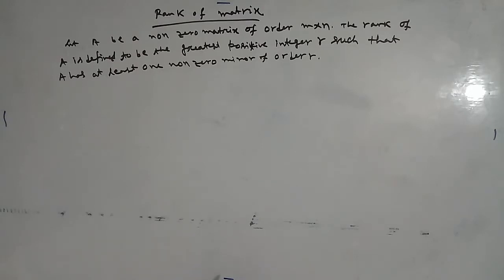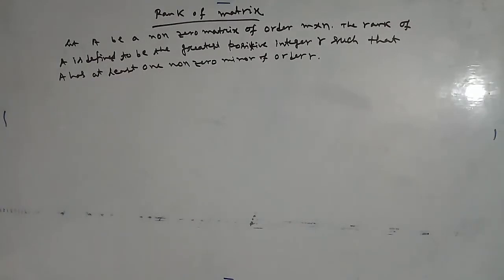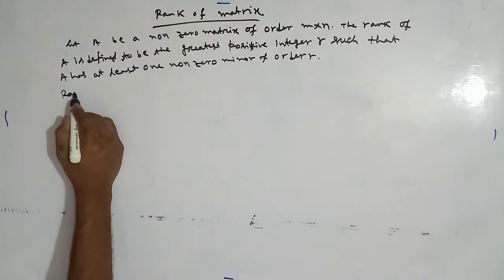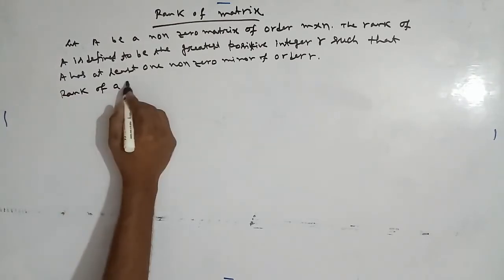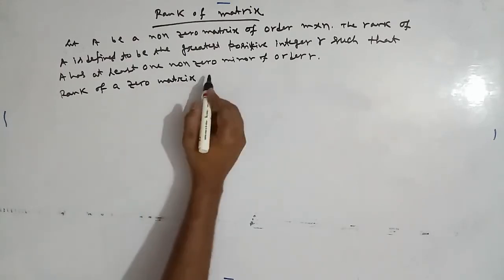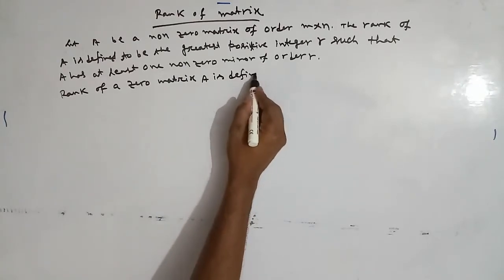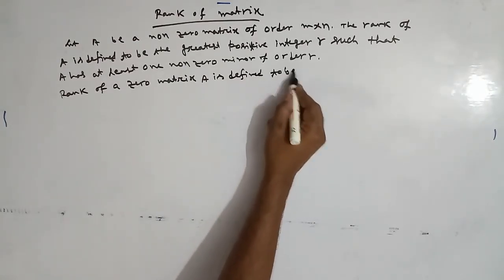To find the rank of a matrix, we can apply the definition, but there are many procedures to find ranks. I'll discuss them later. The rank of a zero matrix A is defined to be 0.